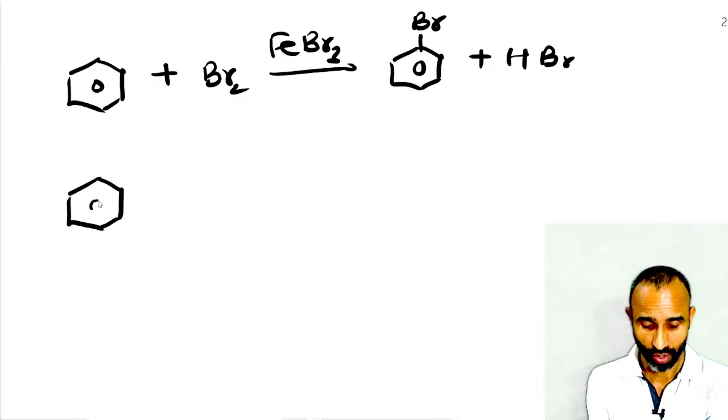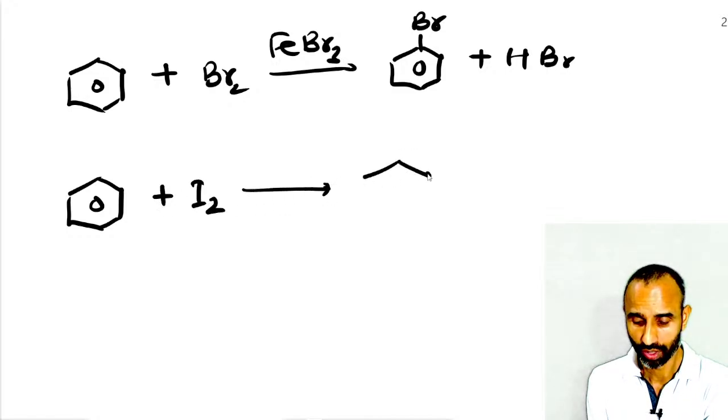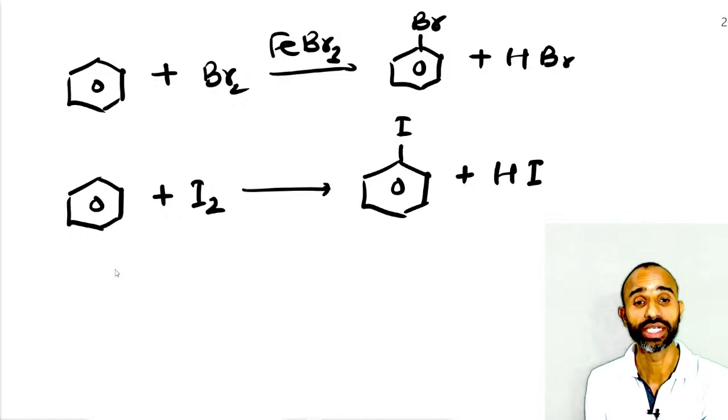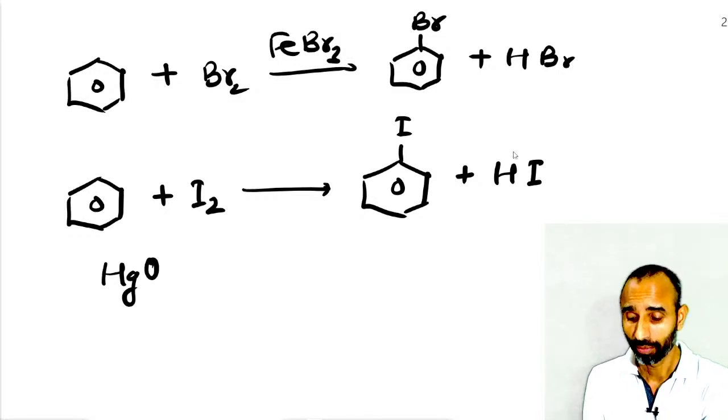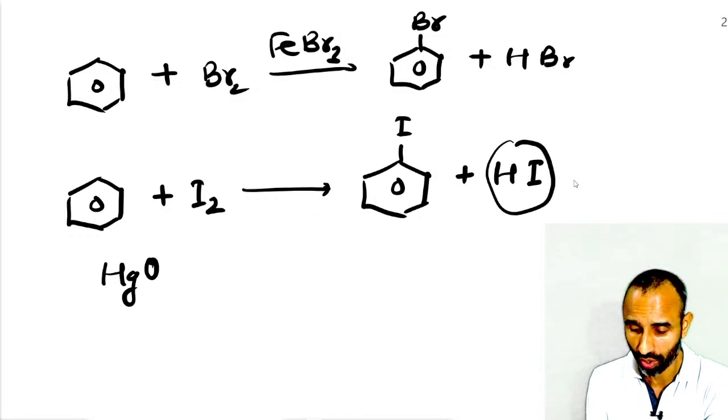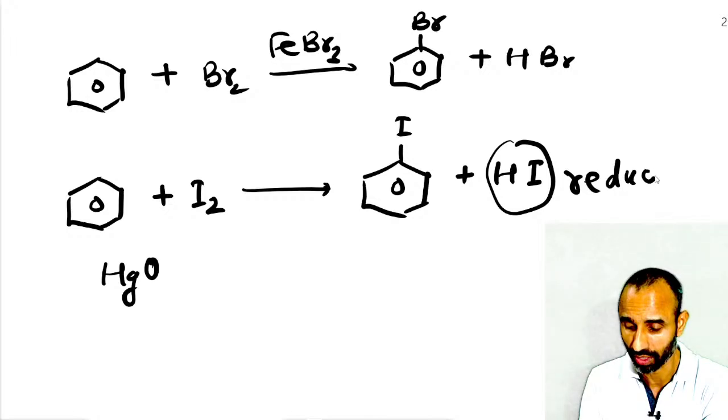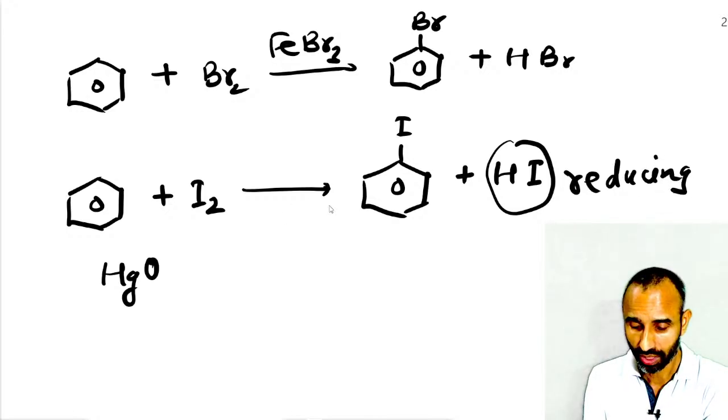But in iodination, we should use some oxidizing agent like HgO. Why? Because HI is a strong reducing agent, so this reaction becomes reversible.